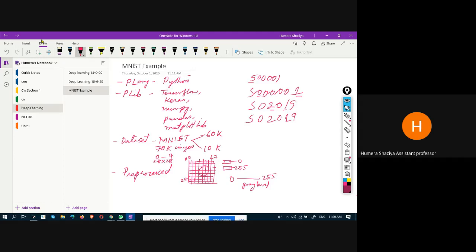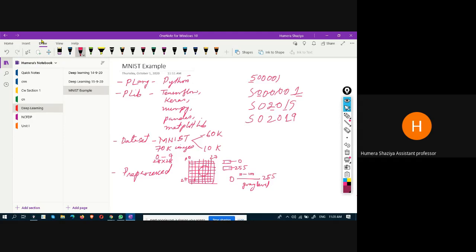As you go on increasing this pixel value from 0 to 10, it will not be jet black. It will be slightly lighter. And as you go to a value of 100, it will be lighter, towards gray color.